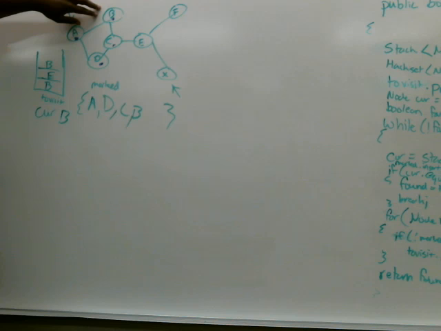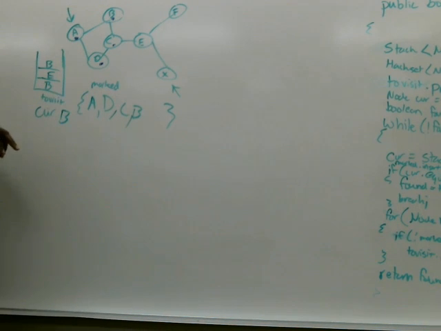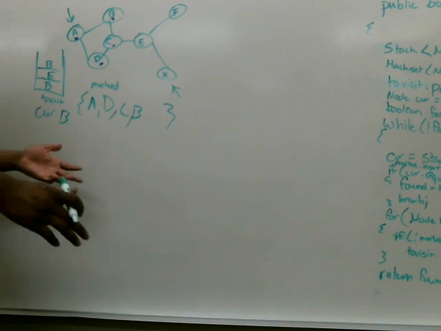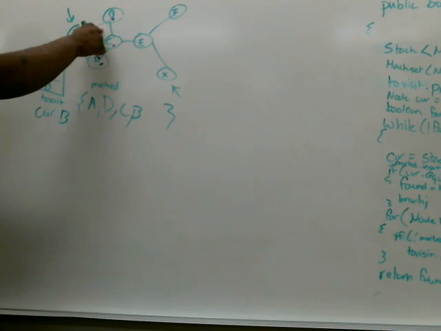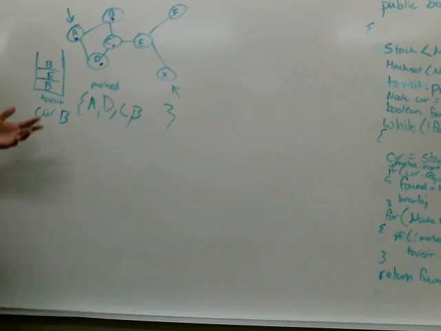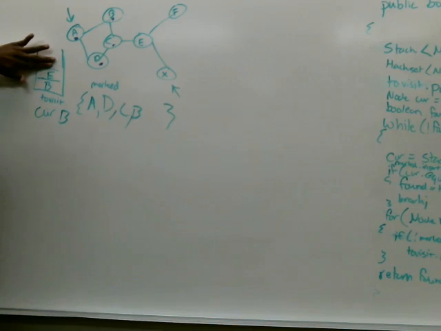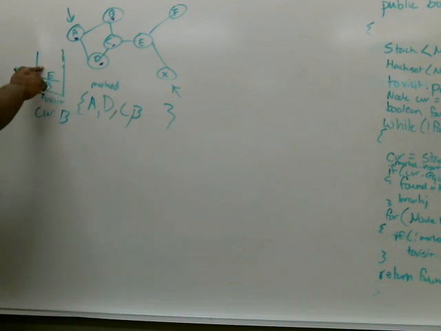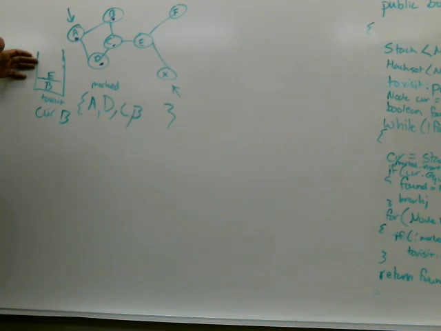We look at all its neighbors. We have A and C, but both of these have already been marked, so nothing gets added to the stack. We didn't actually do anything useful in this iteration.